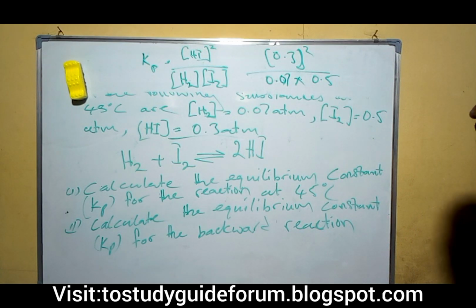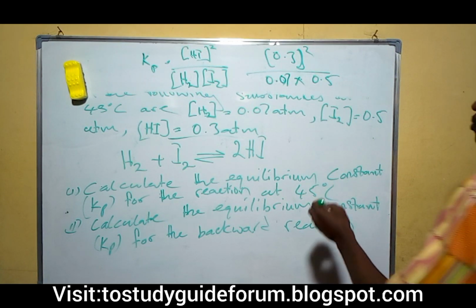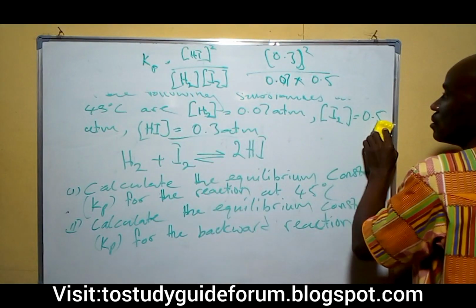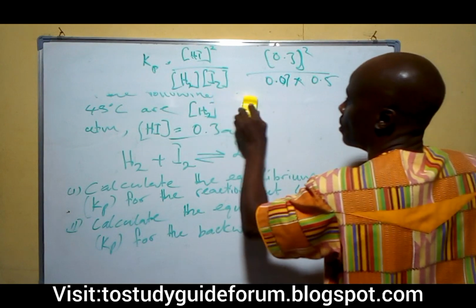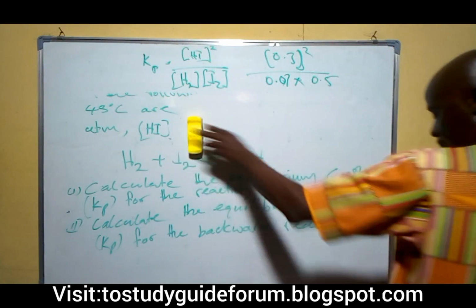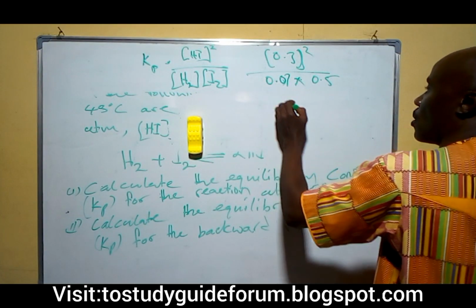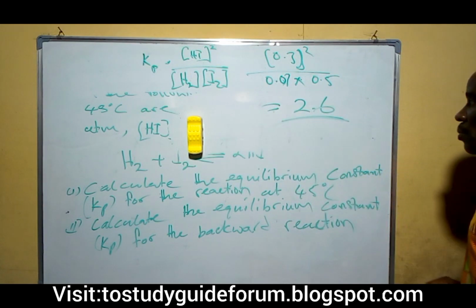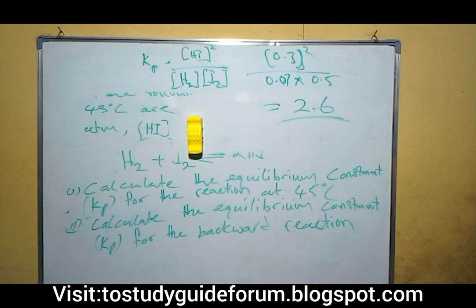When we sum up everything, if we do the calculation, the final answer will be this. So this is the equilibrium constant of the forward reaction.